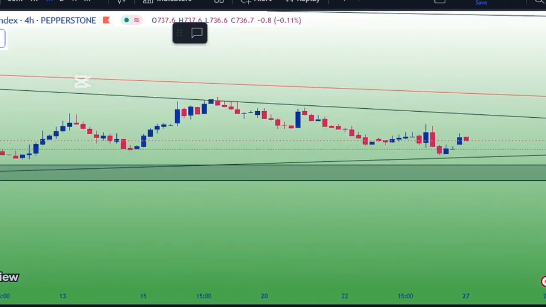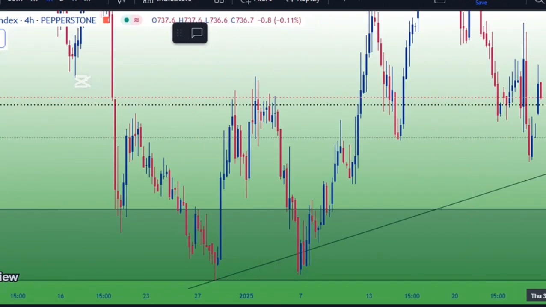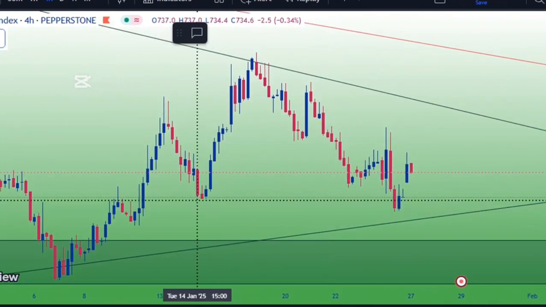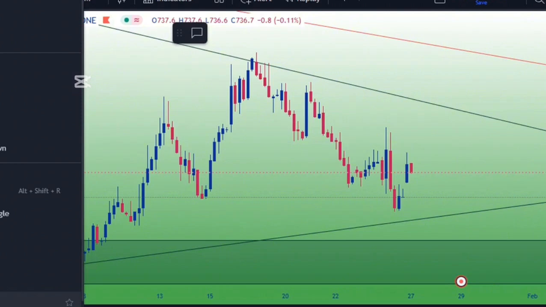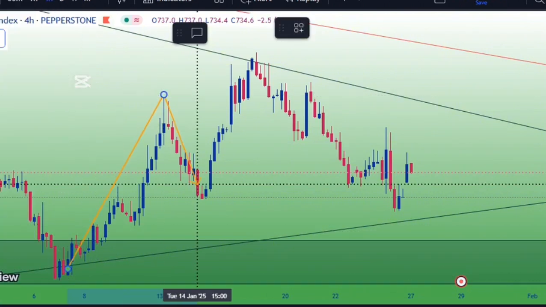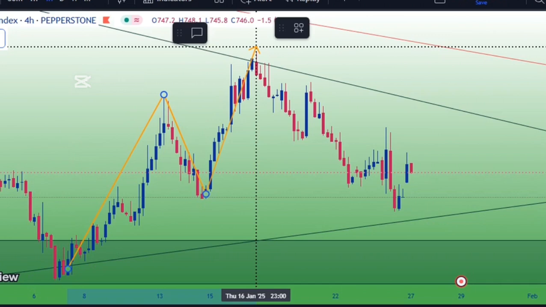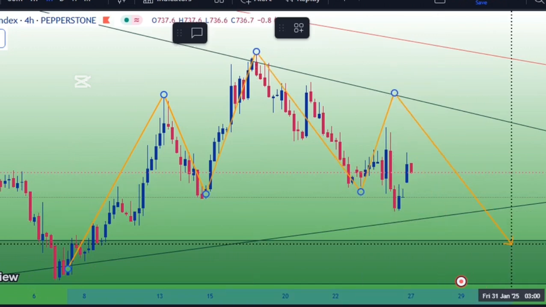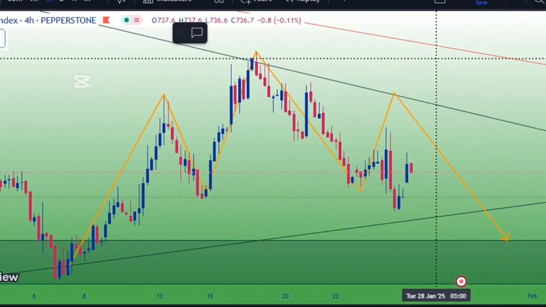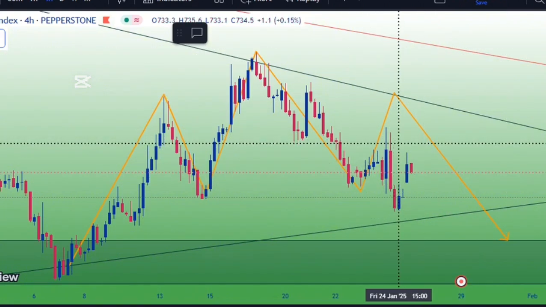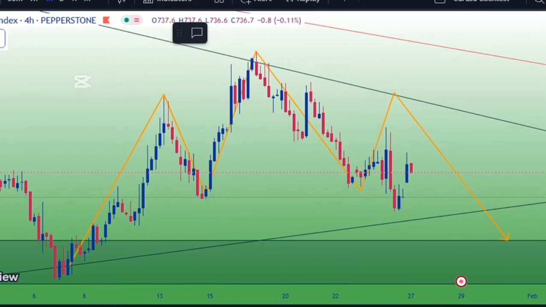We are having the first leg, left shoulder, a head, if you can see. We are also getting something like this on the 4 hour time frame. So we are selling, we are still bearish, we are not changing, we are bearish. So I'll place my position too.